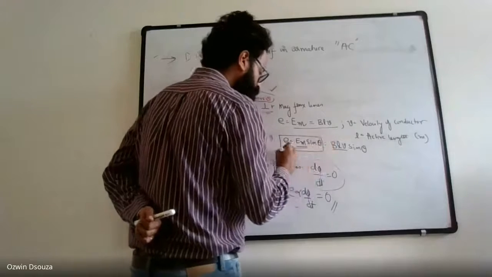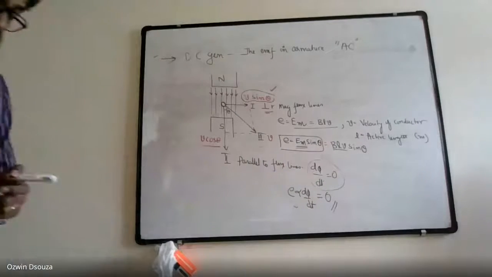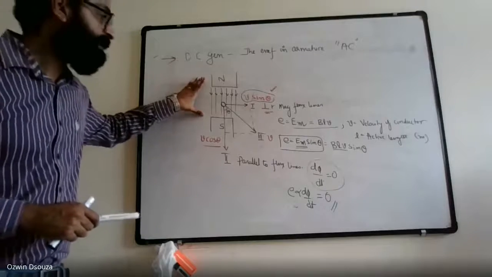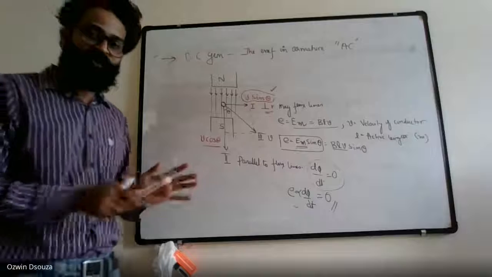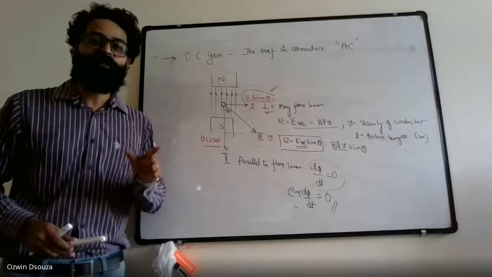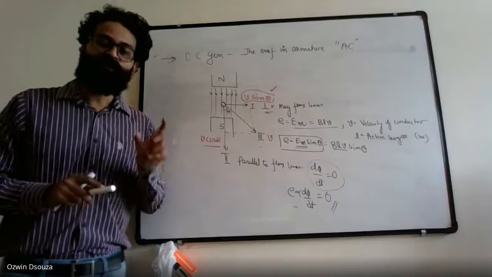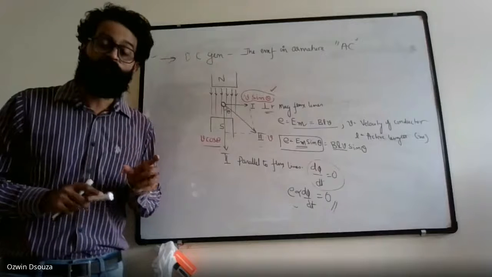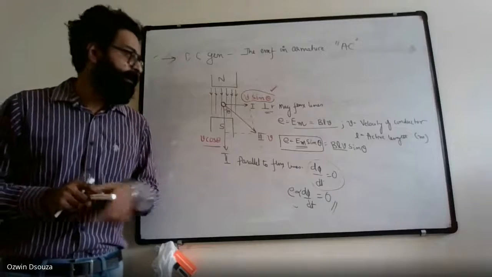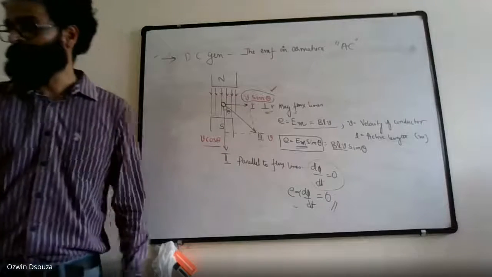So, the setup in which we have a constant magnetic field but a rotating conductor is similar to your DC generator setup, right? In DC generator, on the stator, we have magnetic poles, which carry magnetic flux, and we have a rotating armature.